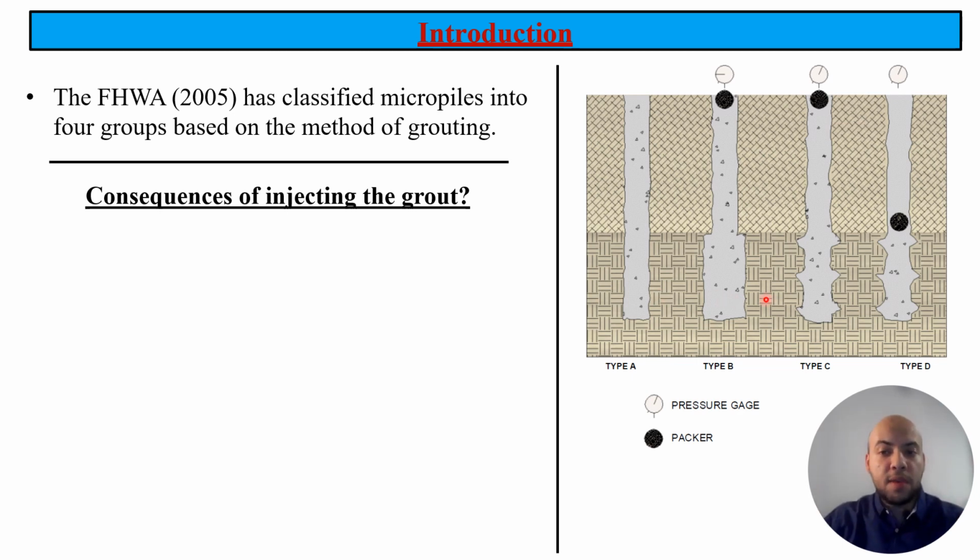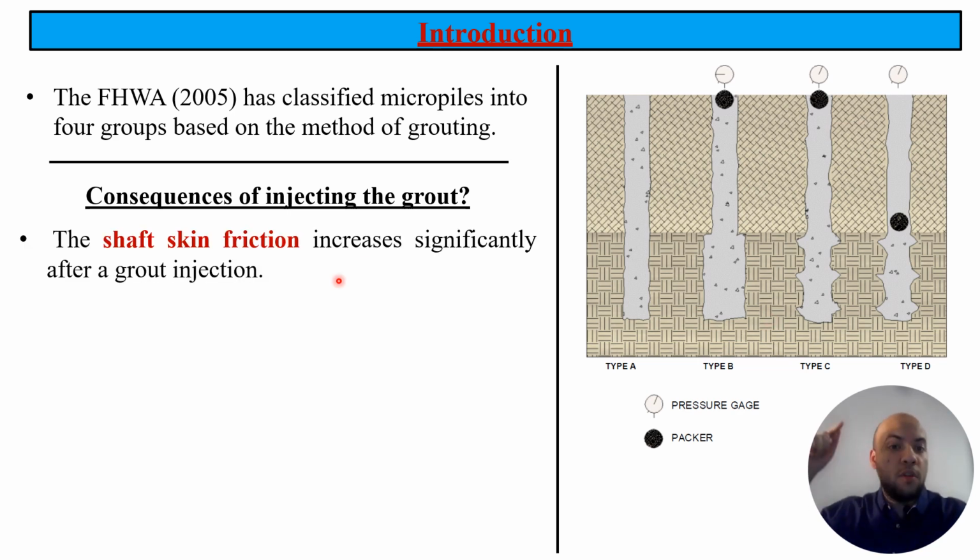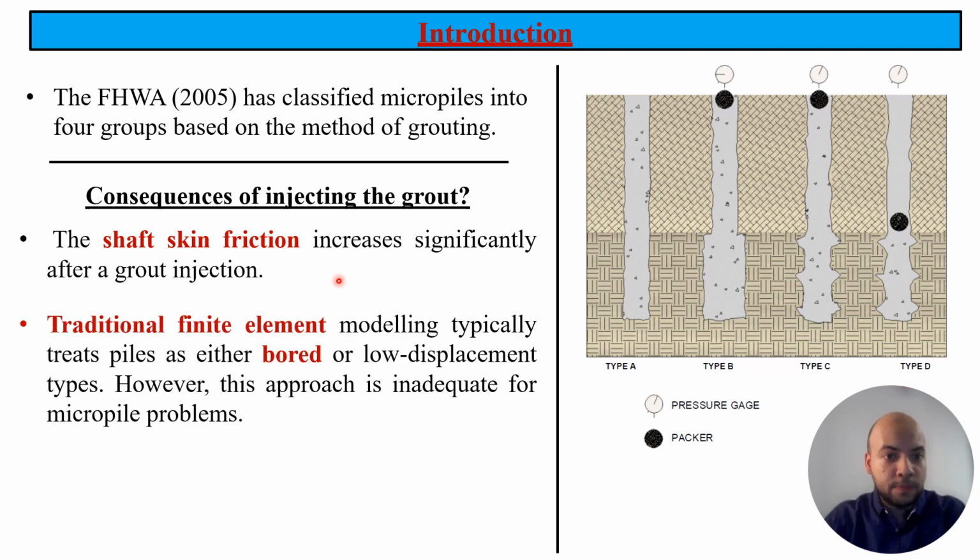However, for type B, type C, and type D, the grout will be injected under a very high pressure that can range in some projects from 0.5 megapascal to 1.5 megapascal. So if you inject the grout under high pressure, this will significantly increase the shaft skin friction, and consequently you will gain a high axial capacity.